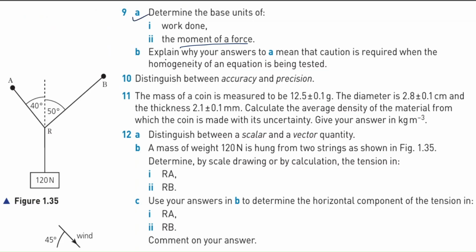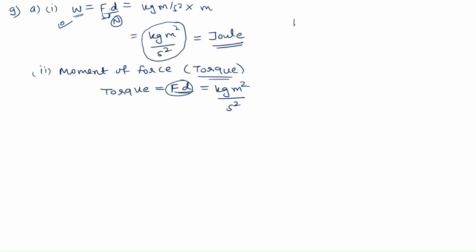Now B says: explain why your answer to A means that caution is required when the homogeneity of an equation is being tested. It says, can we write work equals torque, with torque denoted by tau?